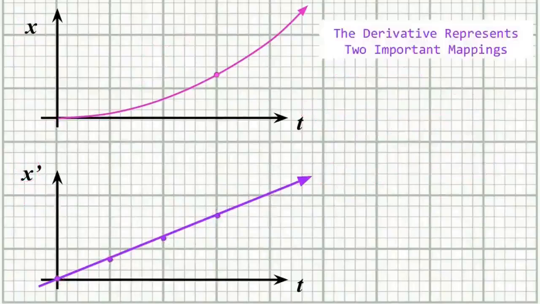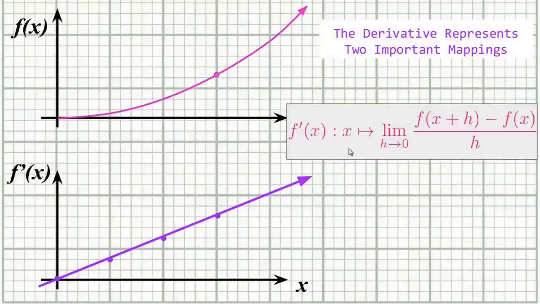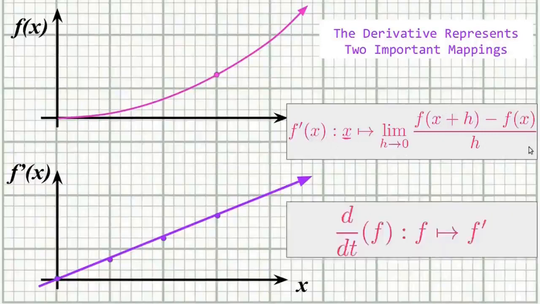So there are two mappings happening here. When we talk about mappings, we're saying that for a value x, we assign that value to a number f prime of x, that represents this limiting slope. So that's the first mapping. The second one is that we're creating a relationship between this function and the related function f prime.